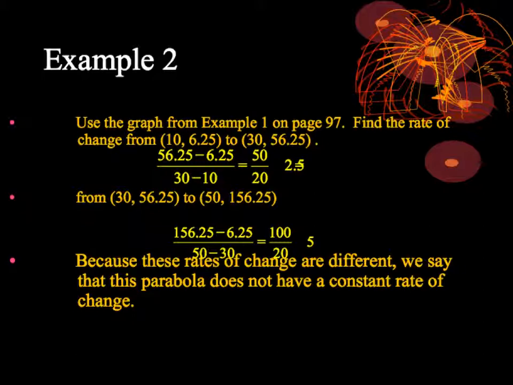So here in this example, I'm referring to an example that's in our textbook on page 97, but it's of a parabola, and we're asked to calculate the rate of change. We don't call it slope because we're going to find out that it's not a constant rate of change on a parabola.